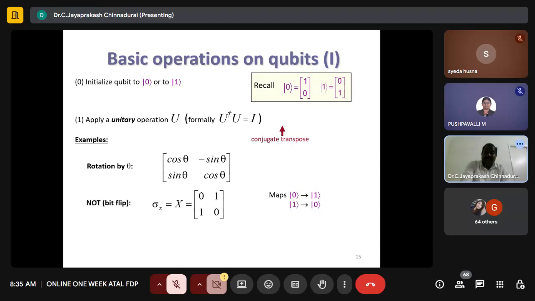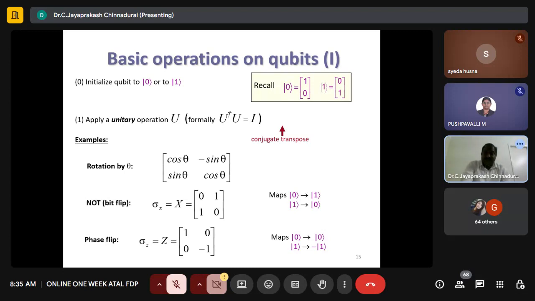That is sigma of x equal to x, 0 1 1 0. How the mapping will be represented: it maps ket of 0 to ket of 1, and ket of 1 to ket of 0. And the phase flip Z equal to 1 0 0 minus 1 can map this.